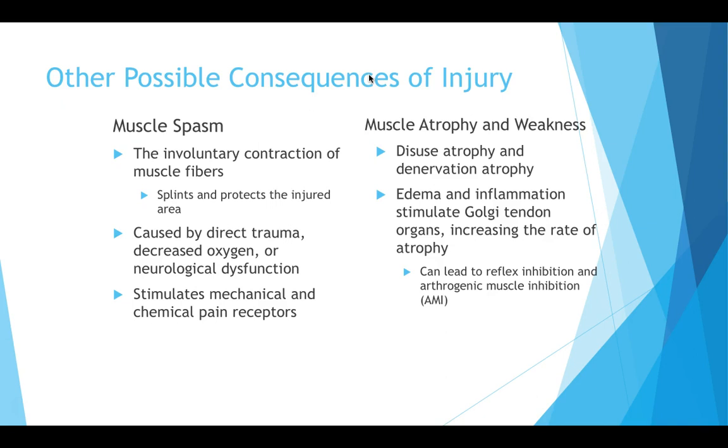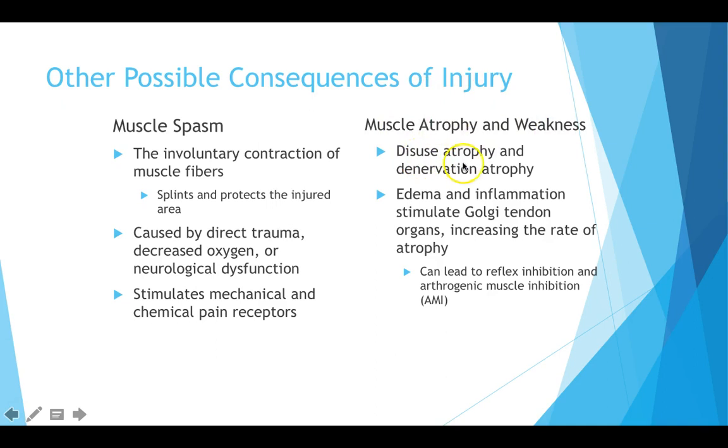We progress them from passive into more active range of motion, into strengthening. If we don't do that well enough or soon enough, either if the spasm continues too long, or if we protect the area too well and don't push them into movement, we can result in muscle atrophy and weakness.